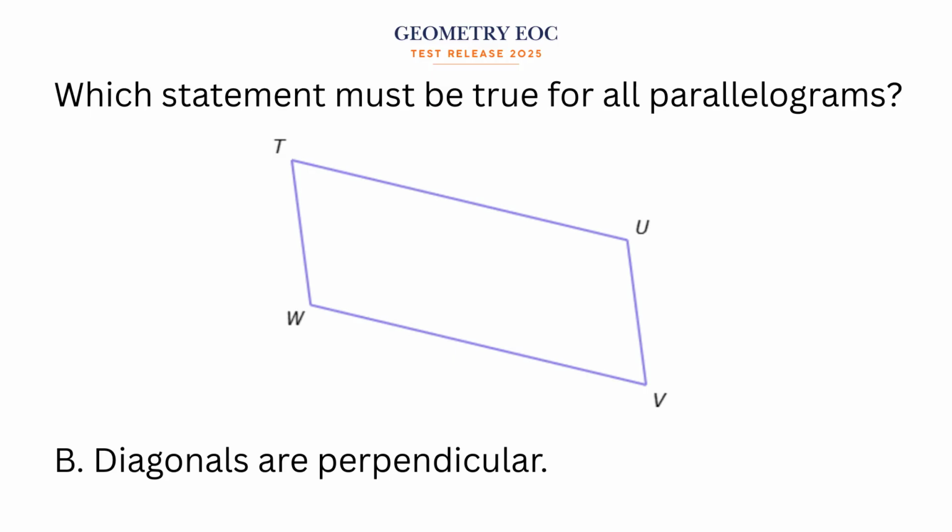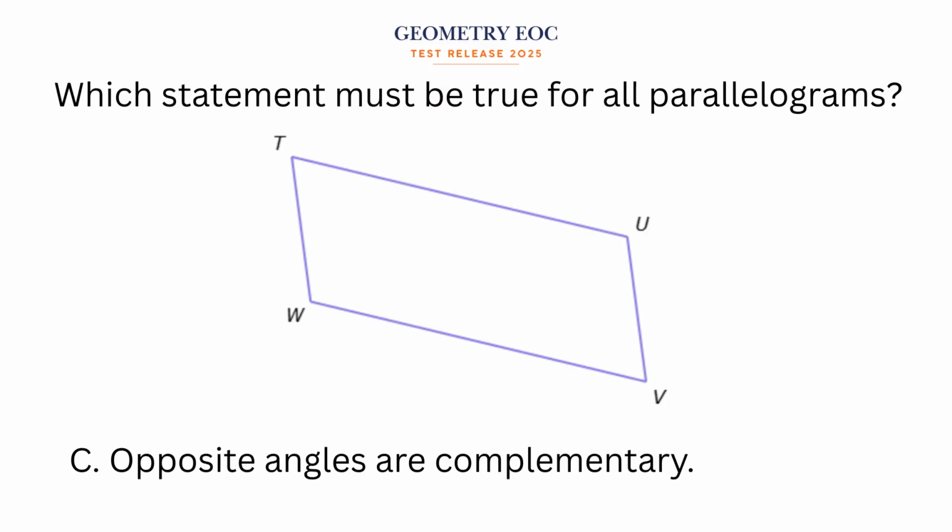No, that happens in rhombi and squares, but not all parallelograms. So B is false. Choice C. Opposite angles are complementary. Complementary means they add up to 90 degrees. But in a parallelogram, opposite angles are equal, not necessarily 90 degrees. So C is false.